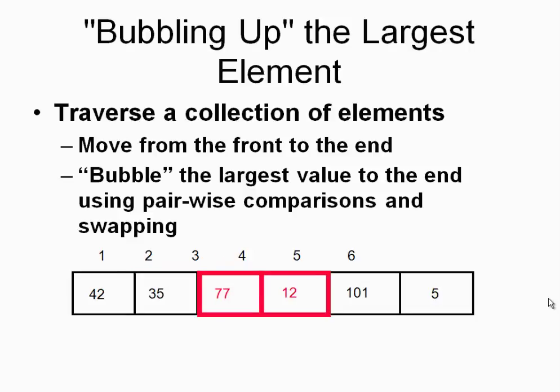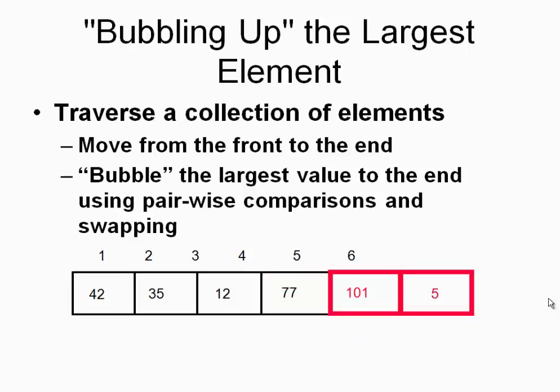Now 12 and 77 will be compared and 12 is smaller than 77, so 12 will be swapped with 77. Now 77 will be compared with 101, as 77 is smaller than 101, so no need to swap.